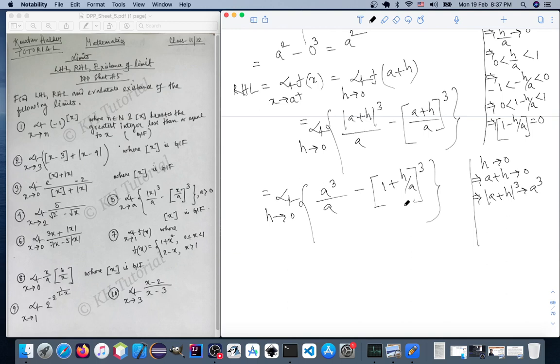Now h tending to 0 implies h by a tending to 0.